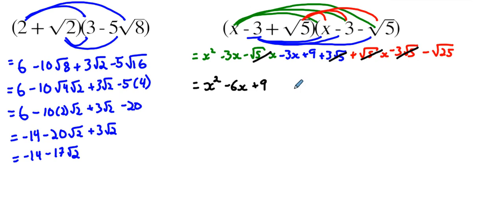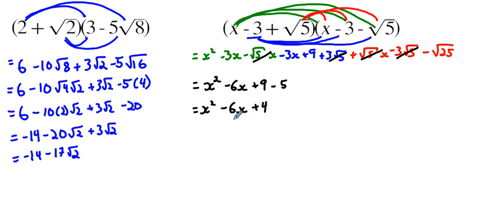Well, that's also really, really useful. Okay, and then what I have left here at the end is negative root 25, which you might notice is just going to be negative 5 because the square root of 25 is just 5. And so this will simplify down to x squared minus 6x plus 4.